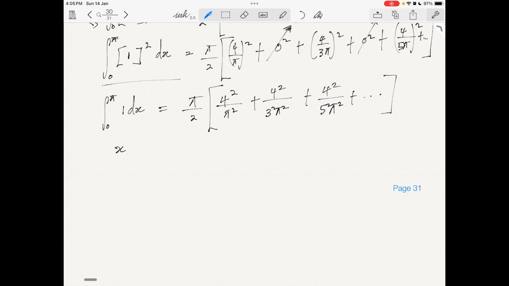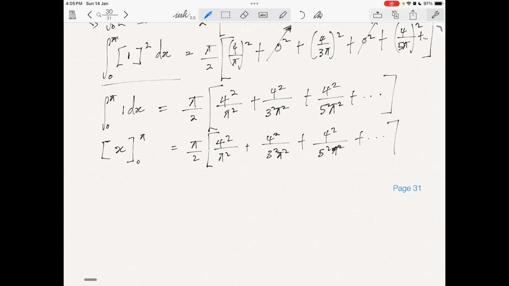So we have x with limit of 0 to pi, and let's repeat what we have: 4 squared, 3 squared, pi squared, plus 4 squared, 5 squared, pi squared, plus triple dot. And then when we apply our limit, our upper limit is pi and our lower limit is 0. So this will be equal to pi over 2.